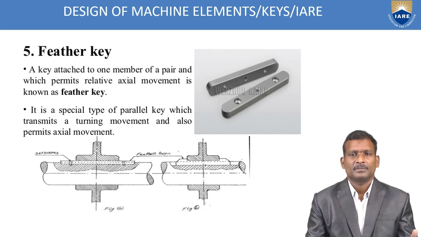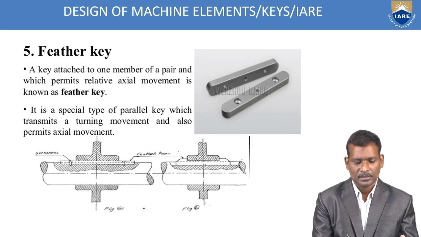It transmits a turning movement and also permits axial movement. In the previous keys, rectangular and square keys, turning movement was not possible. The feather keys are shown in this figure.